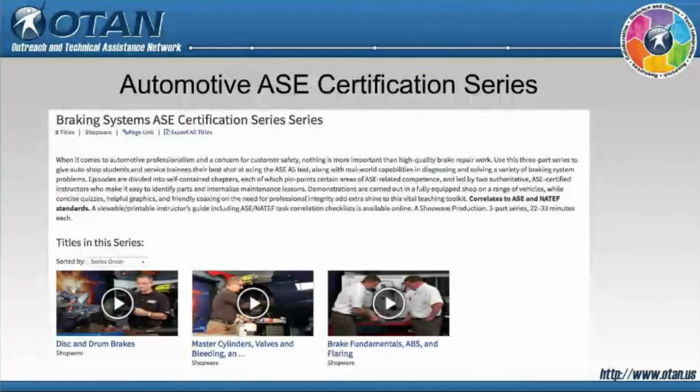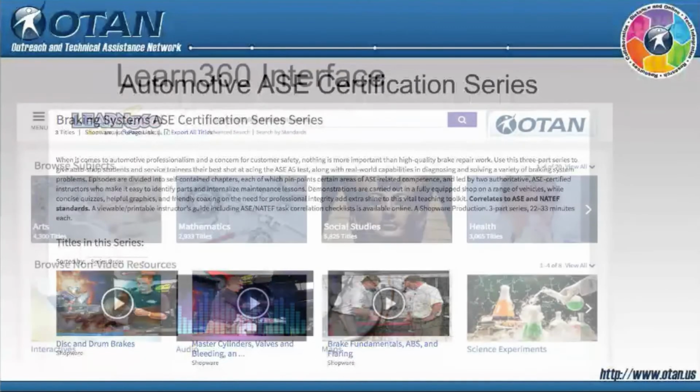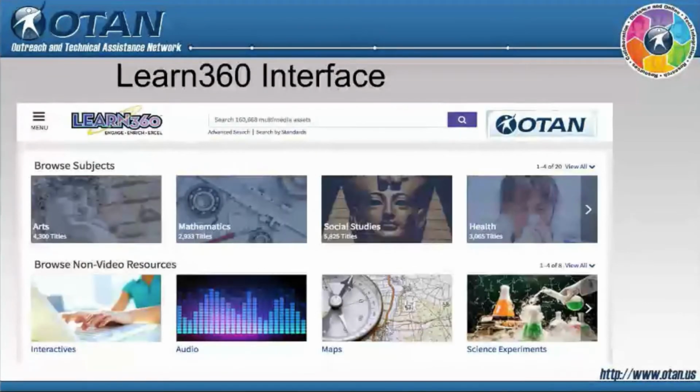There are a couple of vocational series. This first one is the Automotive ASE Certification Series. There is also an HVAC Basic Series. The Learn360 center panel uses sliders to highlight subjects, non-video resources, featured producers, most popular, or featured this month.